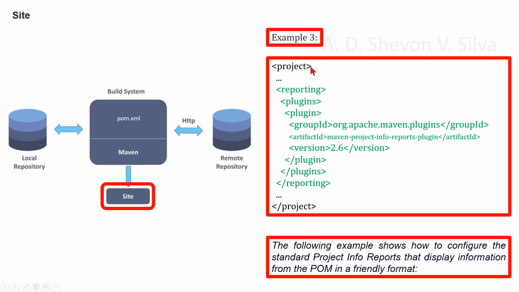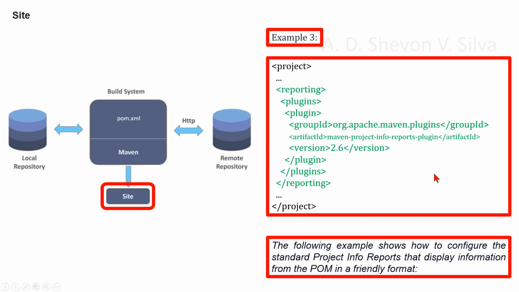Here, as example 3, we can consider this example. This example shows how to configure the standard project info reports that display information from the POM in a friendly format. Maven has several reports that you can add to your website to display the current state of the project. These reports take the form of plugin goals, just like those used to build the project.